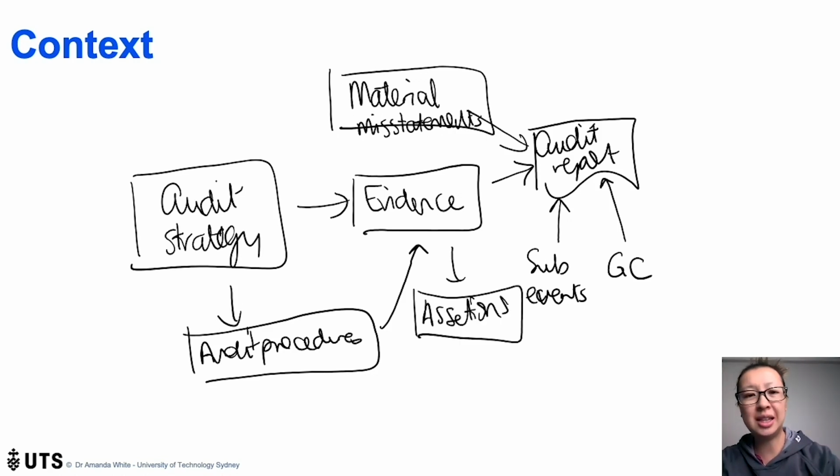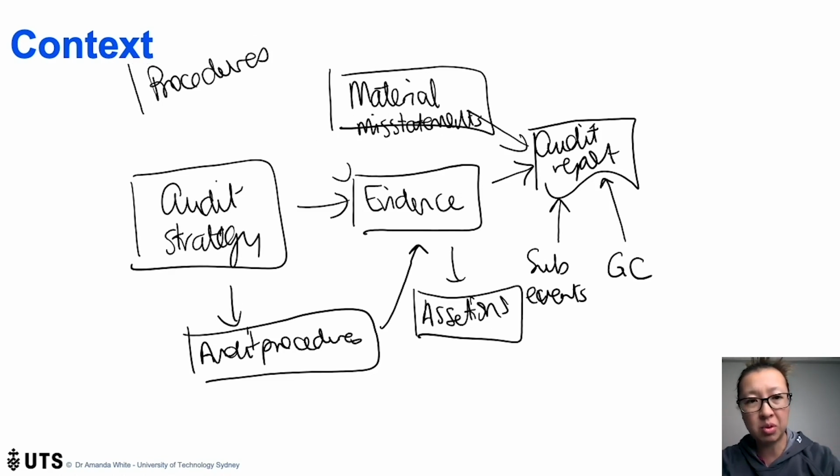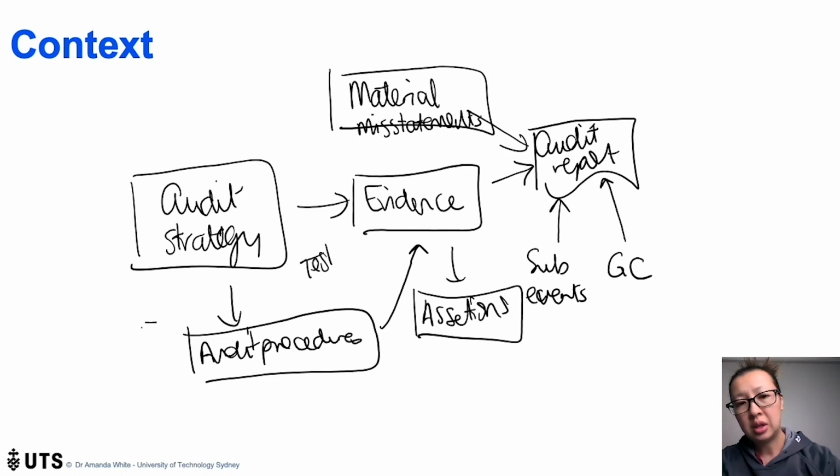And to collect that evidence, I know that I need to use a whole range of different procedures. Remember my 9 procedures? And, oh, I already have procedures down there, so I've sort of got it twice. Let me remove this one here, since we don't need that one, and that my procedures have options to test systems of internal control or substantive procedures.